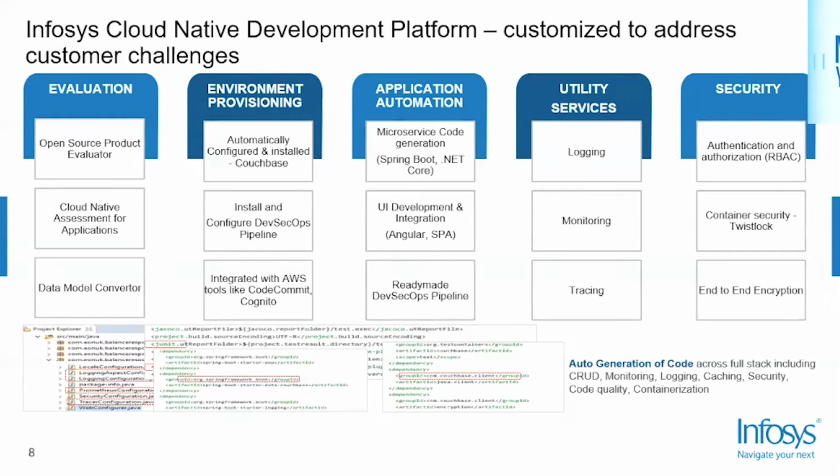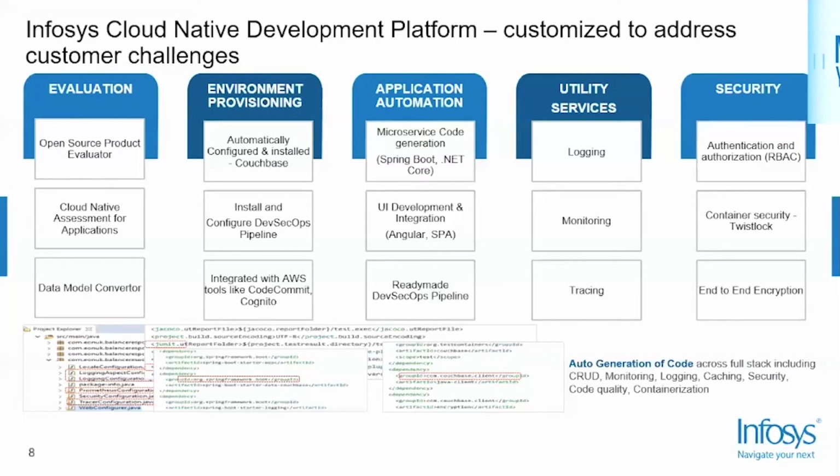And we also integrate with progressive web applications or single page applications using Angular, which help them to redesign their UI. And it comes with a ready-made DevSecOps pipeline, which provides an end-to-end CI/CD journey along with security in mind. So we also customize some of the capabilities that the customer is looking for over and above what we have done.